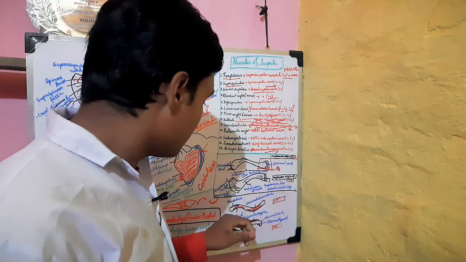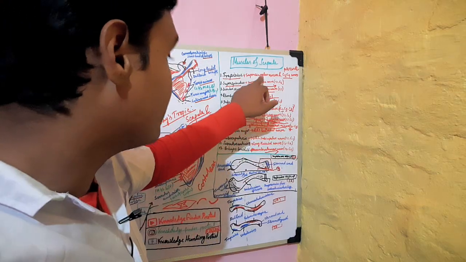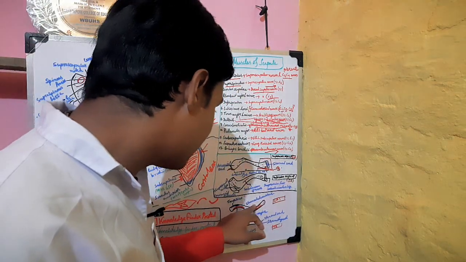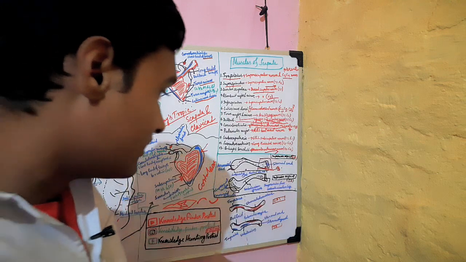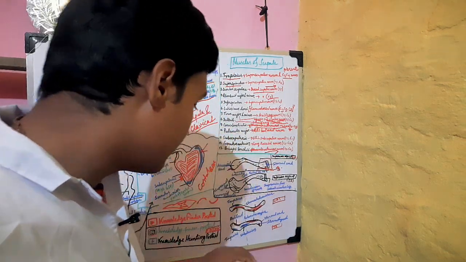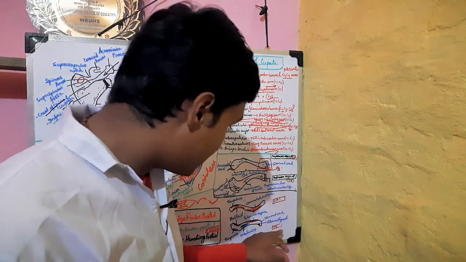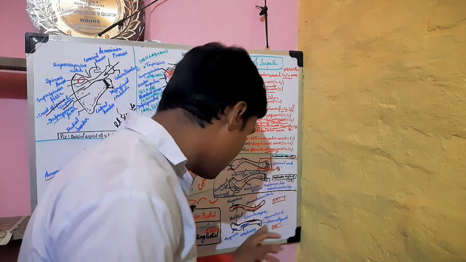And what are the muscles? The trapezius: nerve supply suprascapular nerve. Sternocleidomastoid. The deltoid: you can see the axillary nerve. Now this is the trapezius, subscapularis, the sternocleidomastoid and the sternal end.